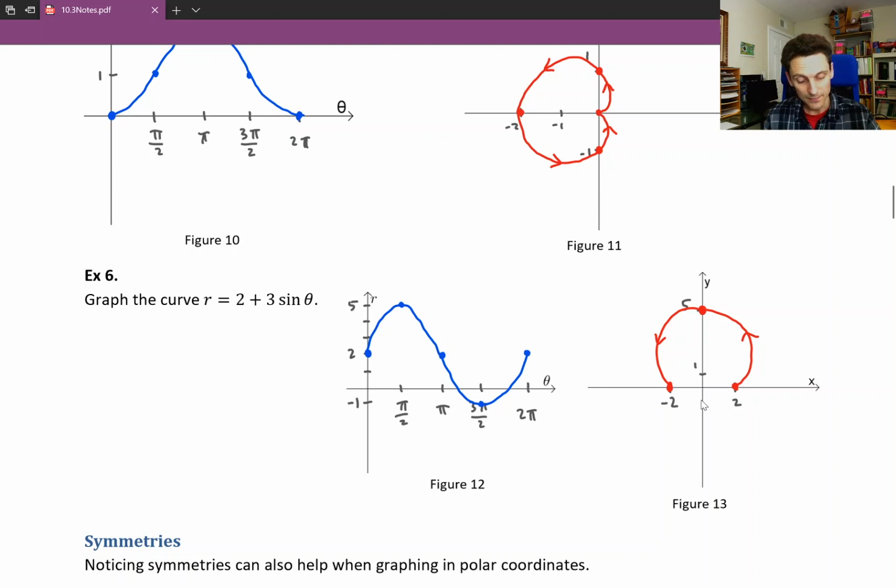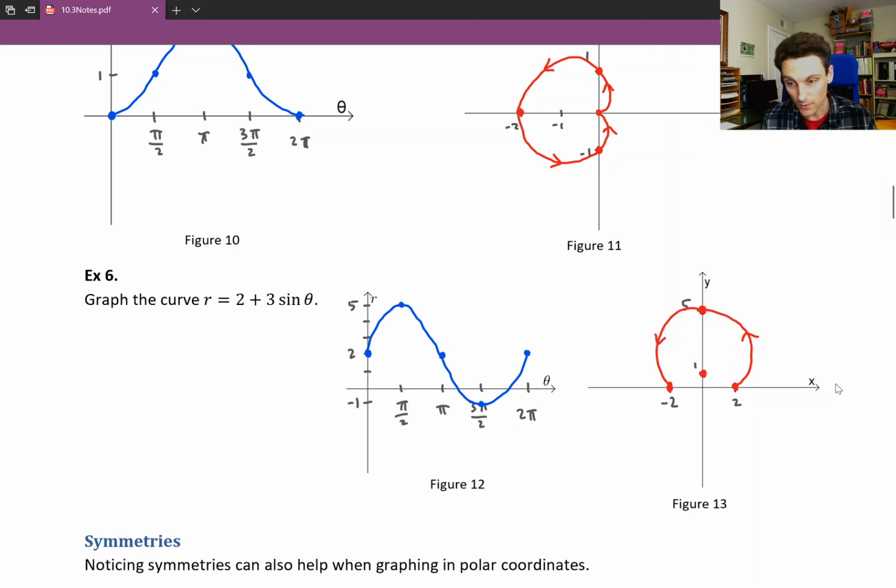But remember that r is traveling along its own number line. So theta of 3 pi over 2 is going to point positive r down along the y-axis in the negative y direction. So if you have a negative r value, you're going to go the opposite direction, which is up. You're going to go up 1. So that's where you're going to be ending up when theta is 3 pi over 2.